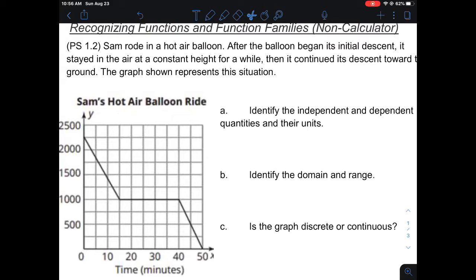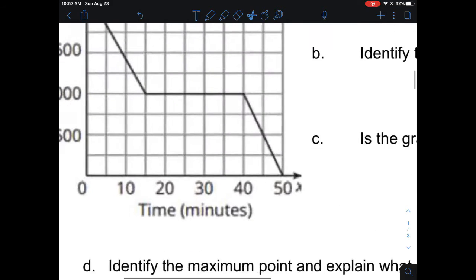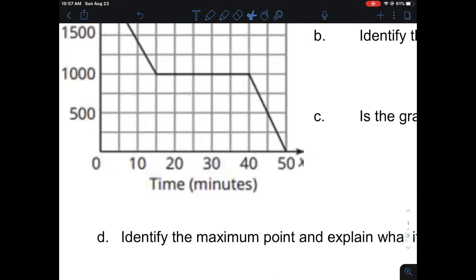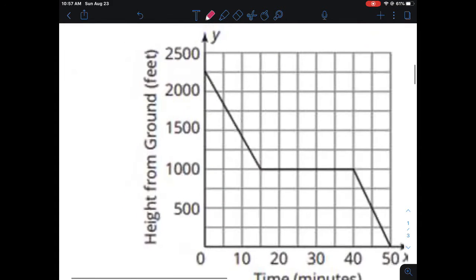this question. So, part A, identify the independent and dependent quantities and their units. If you've been paying attention in last week's lessons when we first started talking about independent and dependent quantities, I told you that the x-axis was your independent variable, and the y values were your dependent values.